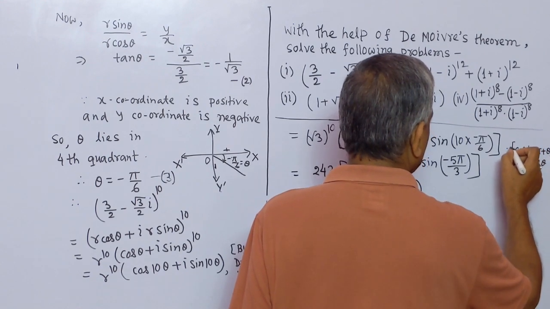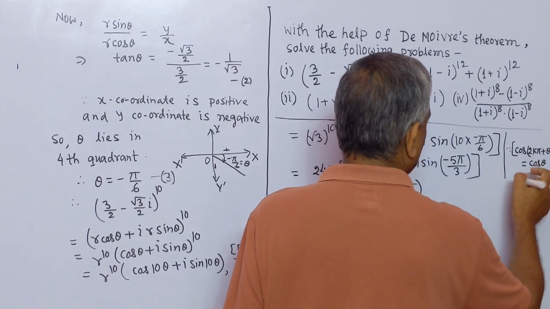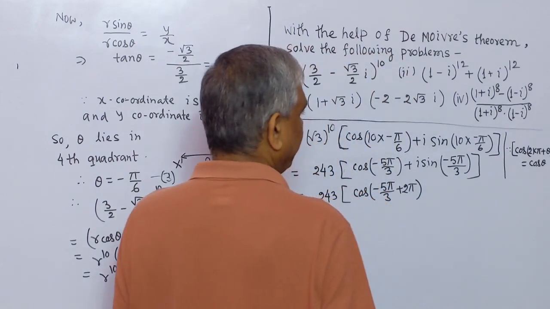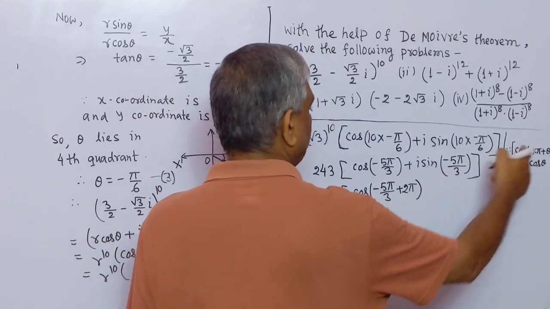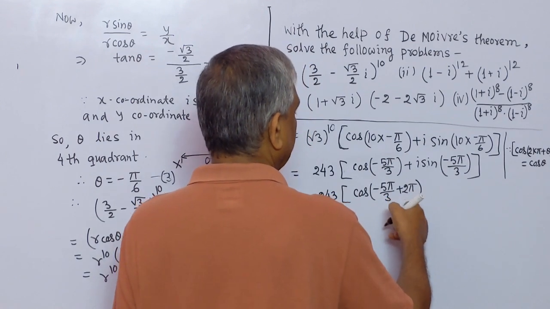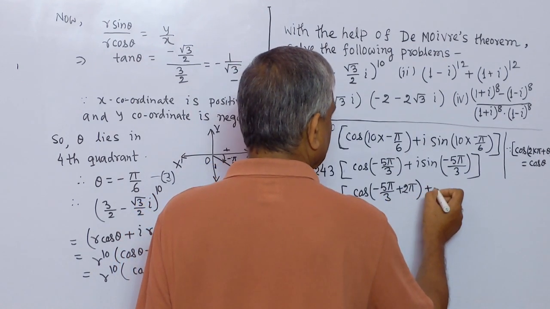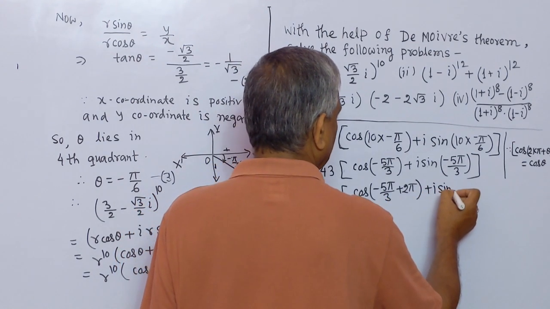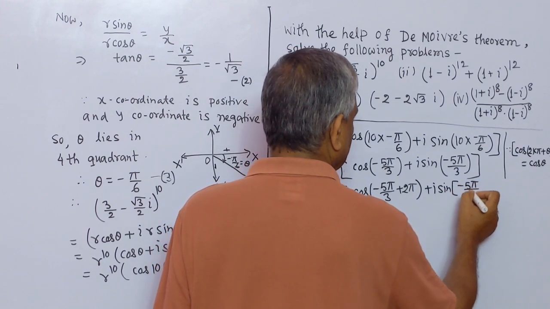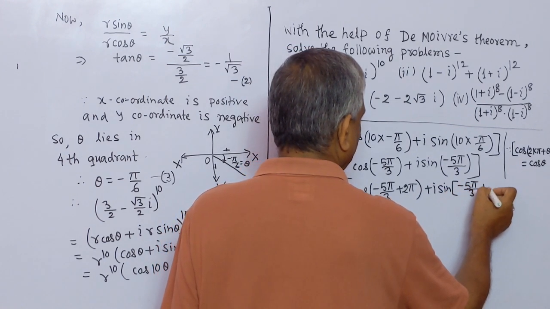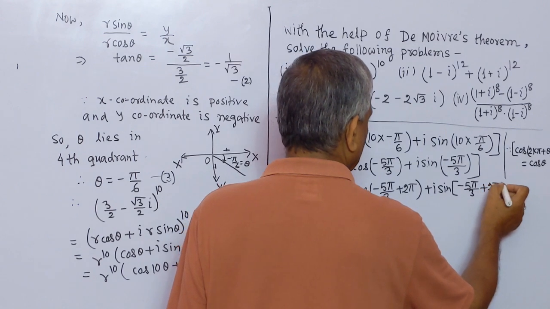Similarly, sin of 2k pi plus theta equals sin theta. Here k equal to 1. We have used k equal to 1: cos of minus 5 pi by 3 plus 2 pi, plus i sin of minus 5 pi by 3 plus 2 pi.